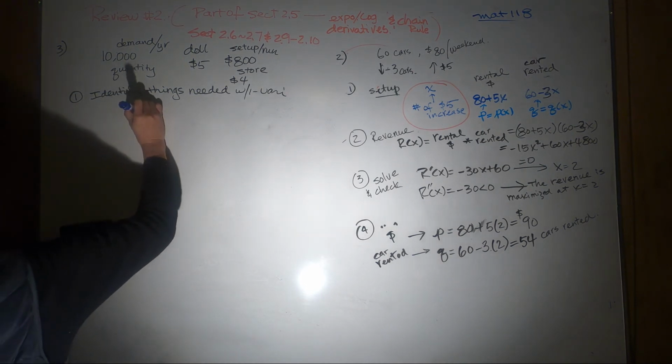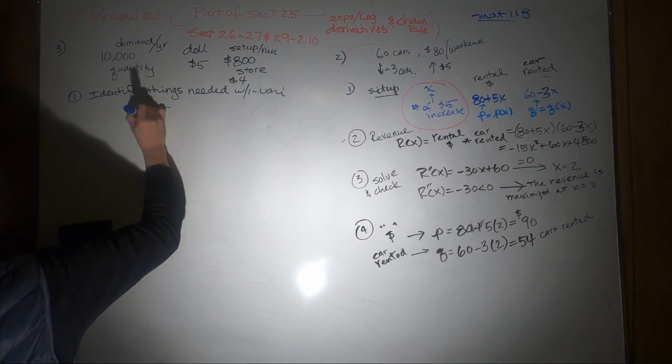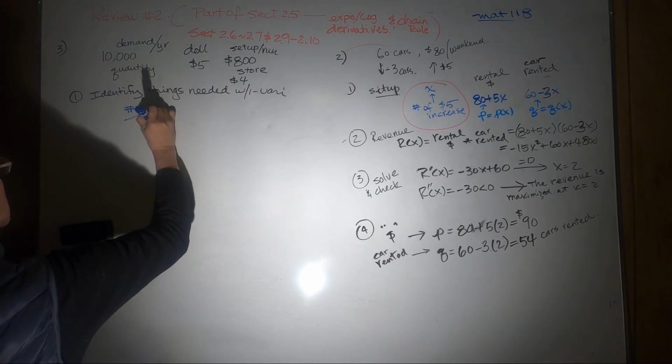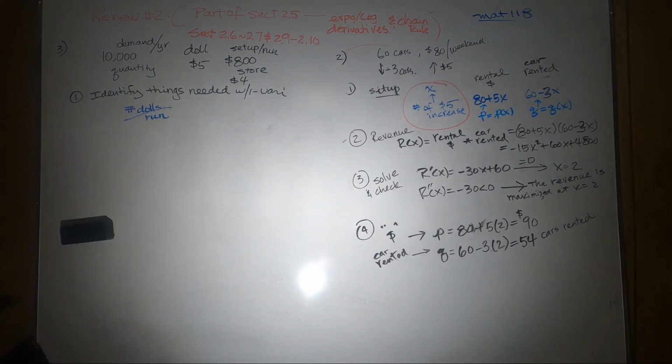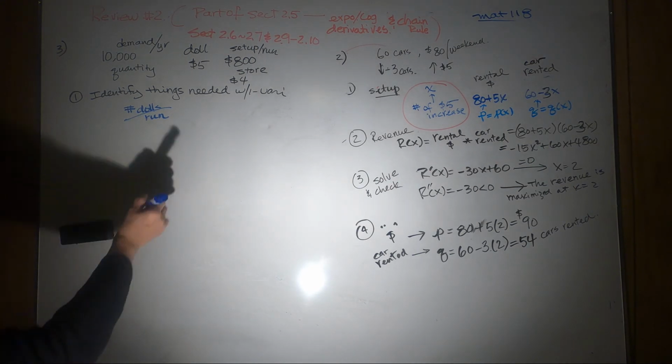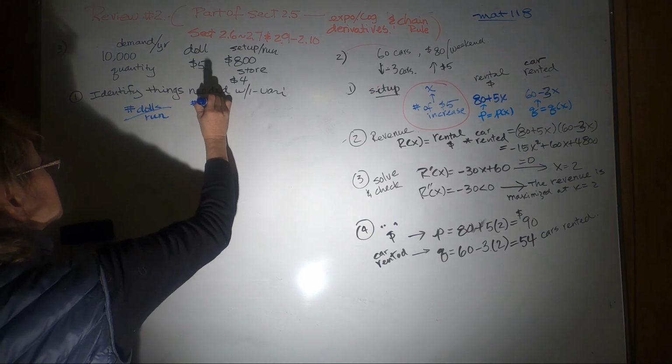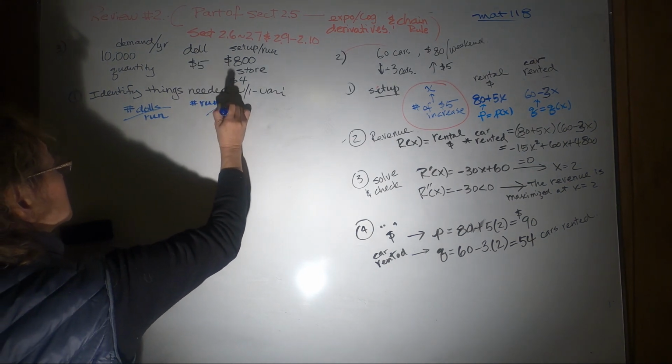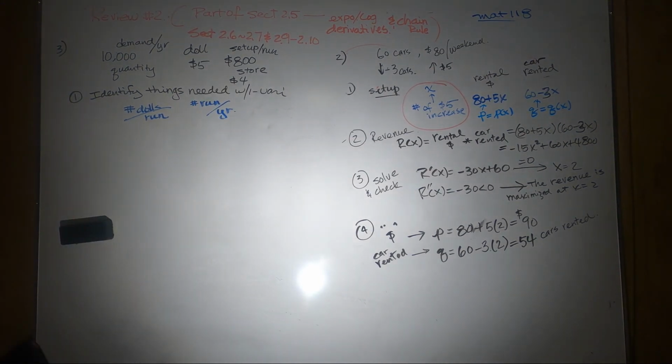Okay, so you can do that. Number of dolls produced each run, right? And also the number of runs per year. Those are the things we are going to find out.